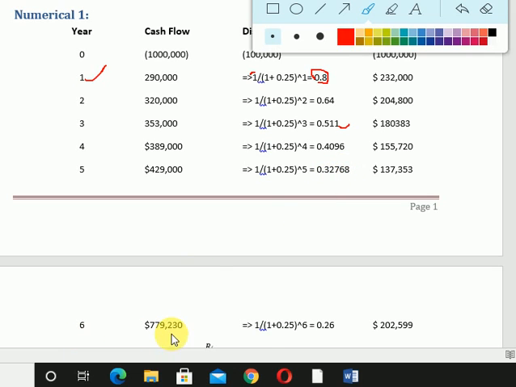For the sixth year, 1 divided by 1 plus 25% raised to the power 6 is 0.26. So we found these discounting factors. Clear now?